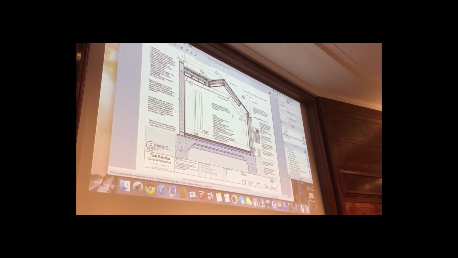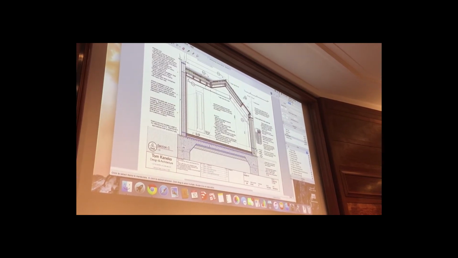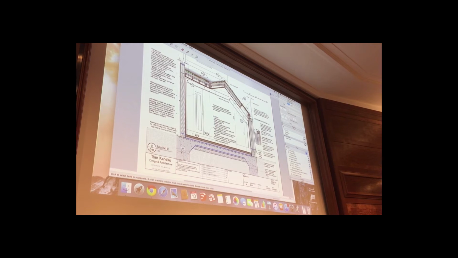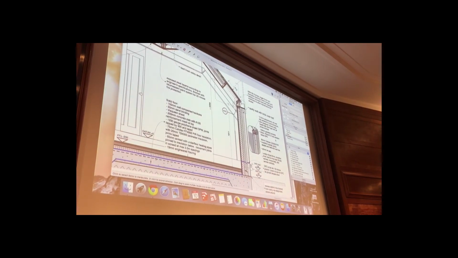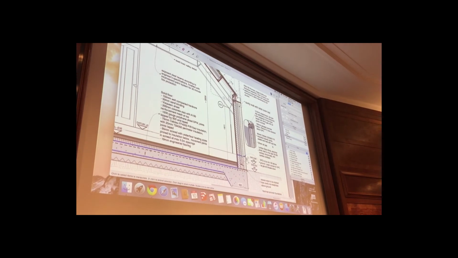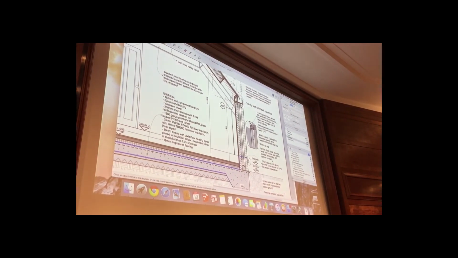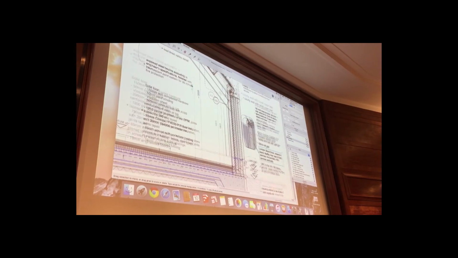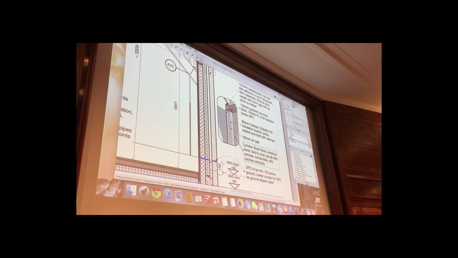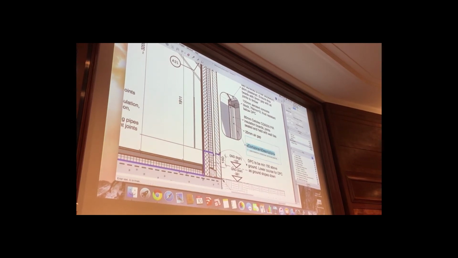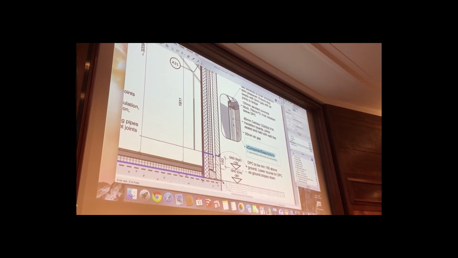Another great thing about the way SketchUp is heading is that you can start putting information into your model, and Layout can lift that automatically. For instance, this little note about London stock brick isn't actually written in Layout, it's a component description in the model itself.